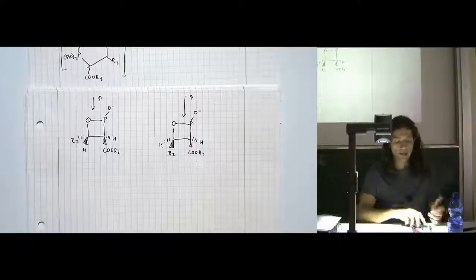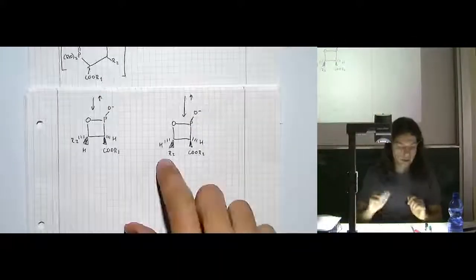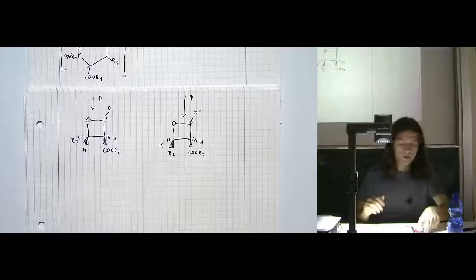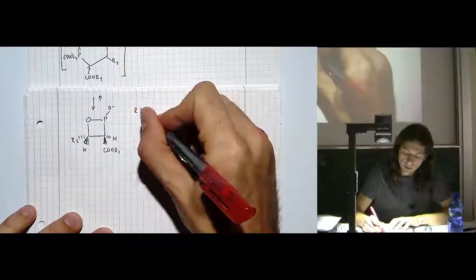Okay, and in this reaction, the formation of this cycle, of this intermediate, is the rate limiting step.